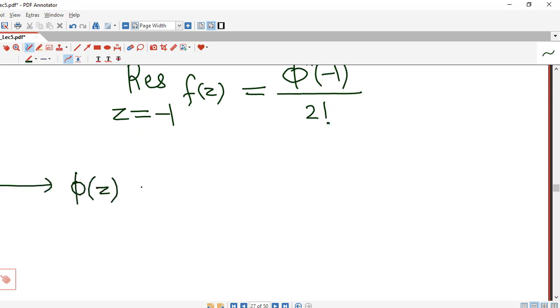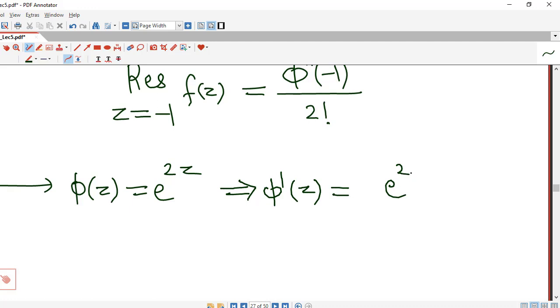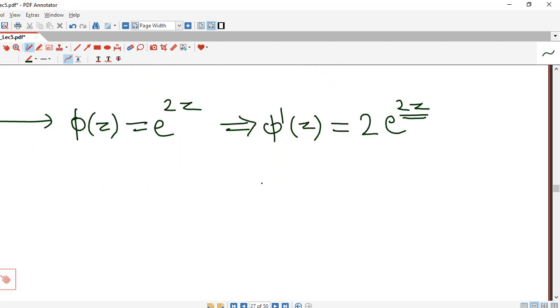Phi(z) is the exponential function e^(2z). So if we differentiate with respect to z, the derivative of e^(2z) is e^(2z) into the derivative of 2z, which is 2, so that we write here. That is by the chain rule, and then we again differentiate to obtain the second derivative.